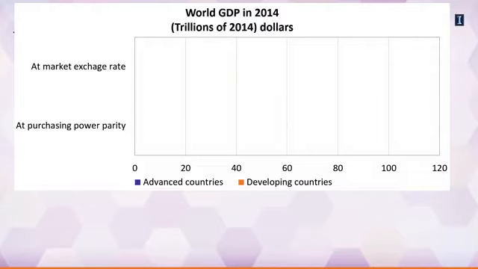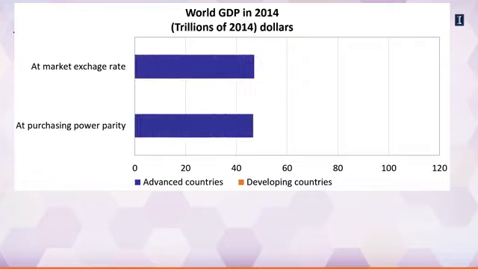Here's the world GDP calculated for 2014 in terms of trillions of dollars of 2014. If we use the market exchange rate and we focus on developed countries, the two measures, market exchange rate and PPP, give us roughly the same level of income. That's because relative prices are quite similar across developed countries.